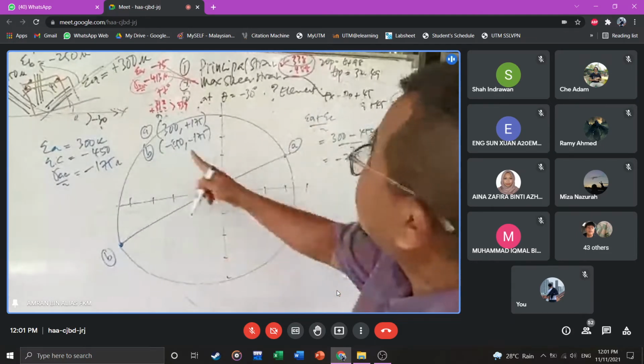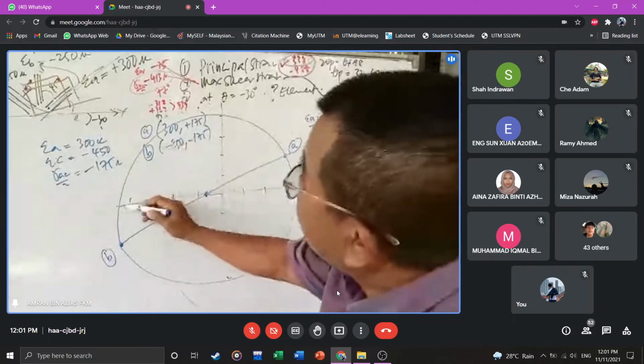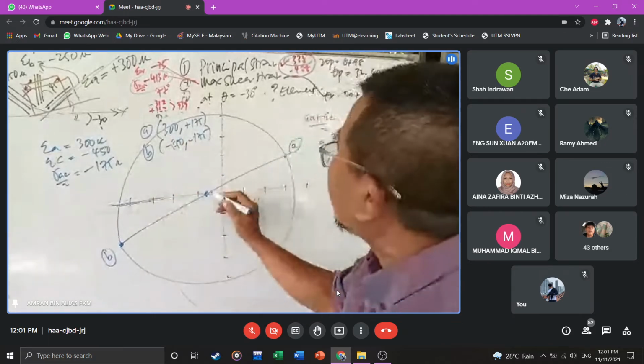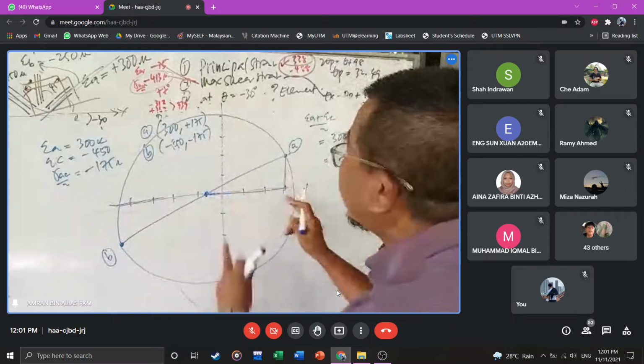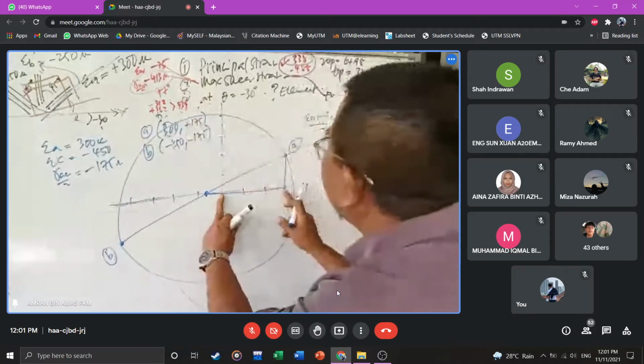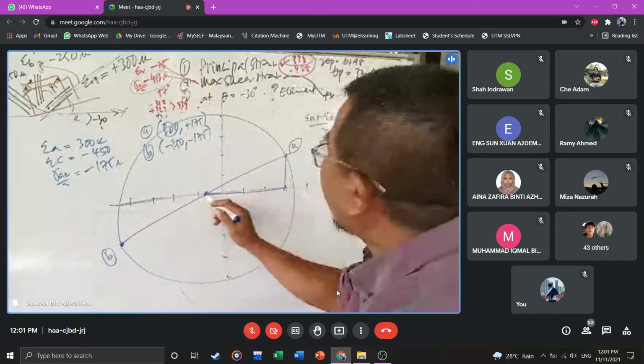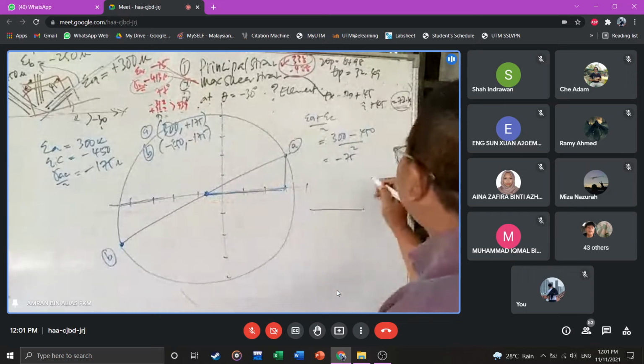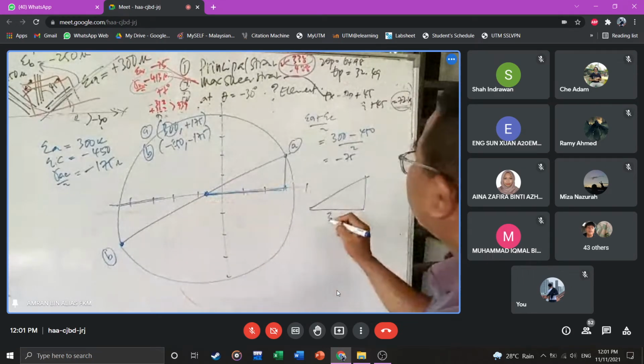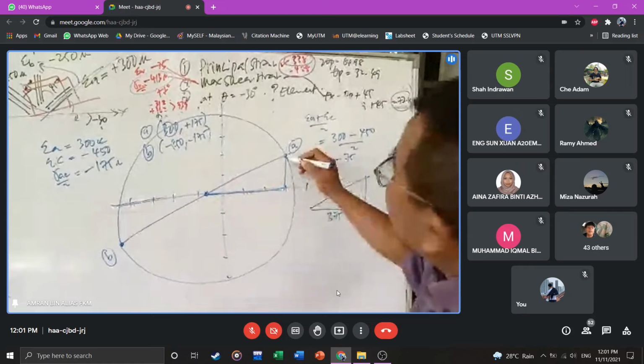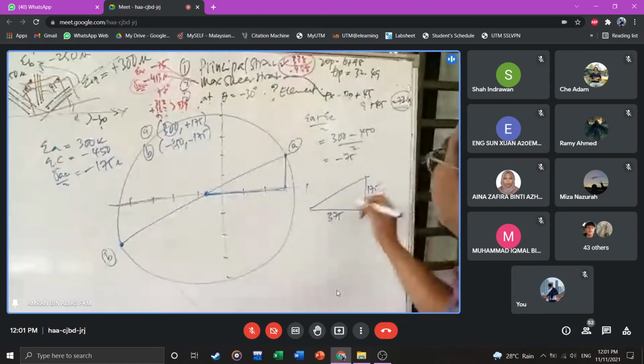So this is the triangle. Go to that triangle here. This is 300. This is 75. So what is the length of that base there? 375. What is the height there? 175.